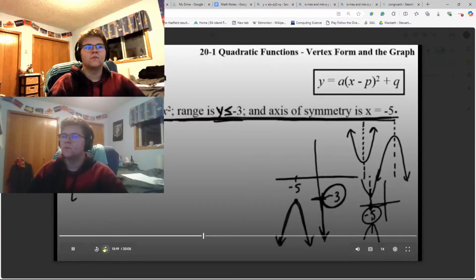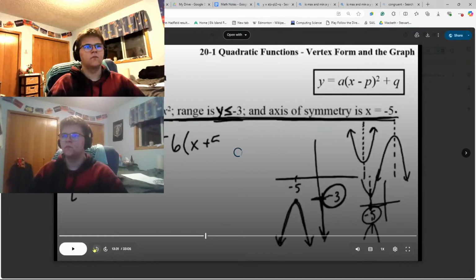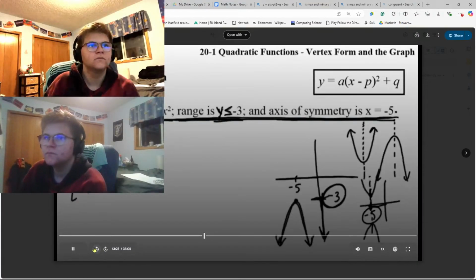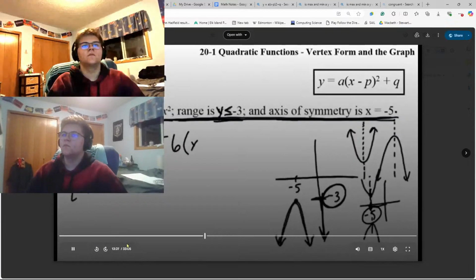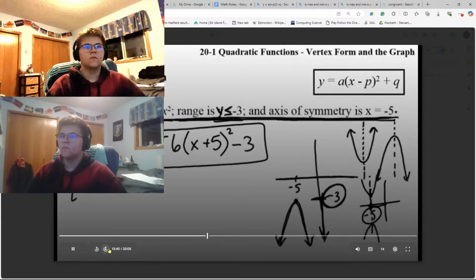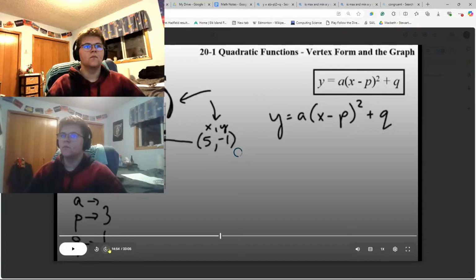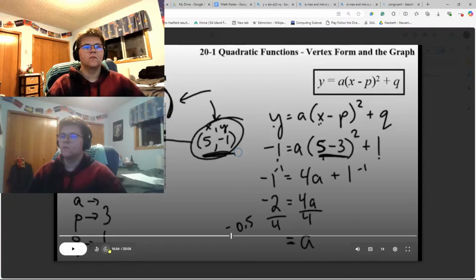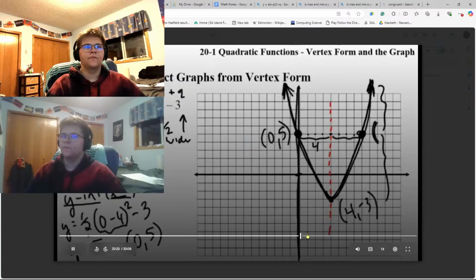I'll be honest with you, it's a lot like the last number: if you know what A, P, and Q are, you're set. Y equals A times X minus P squared plus Q. Vertex form. A is -1/2.